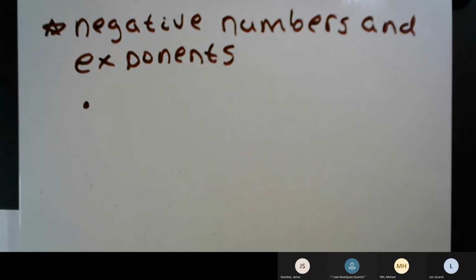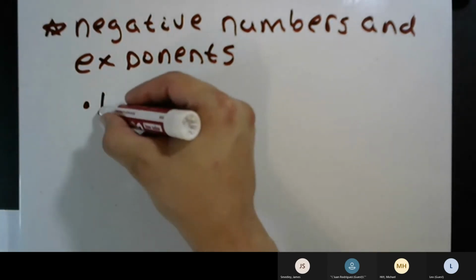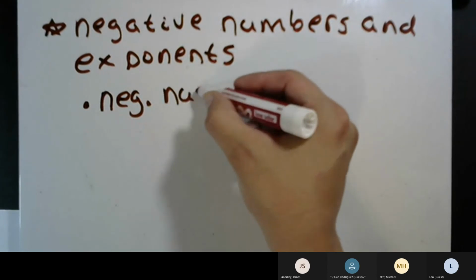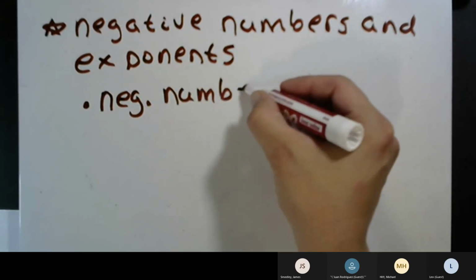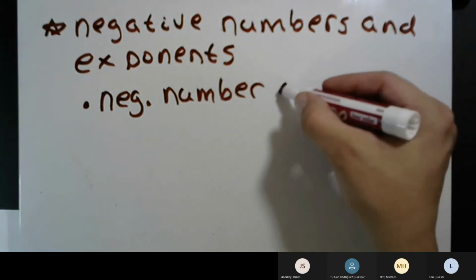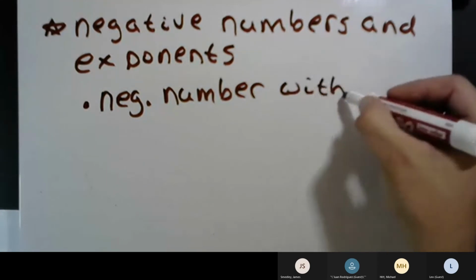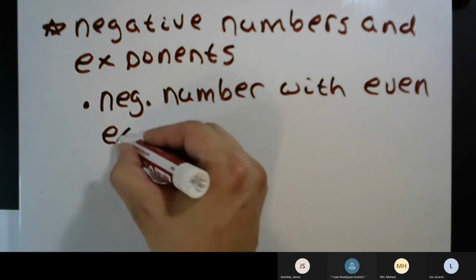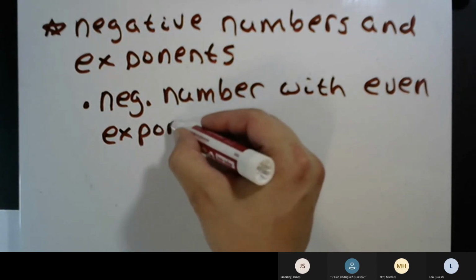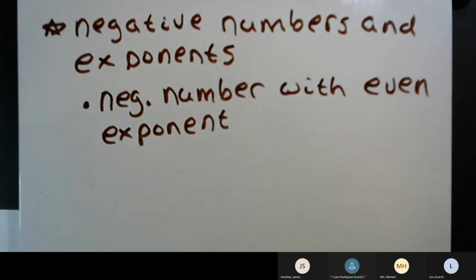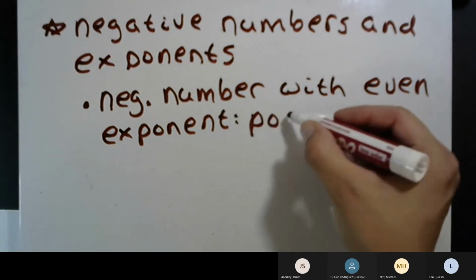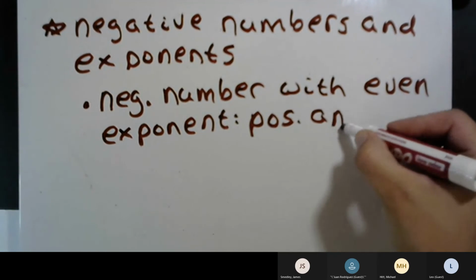If you have a negative number with an even exponent, like -2 with an exponent of 4, you get a positive answer.